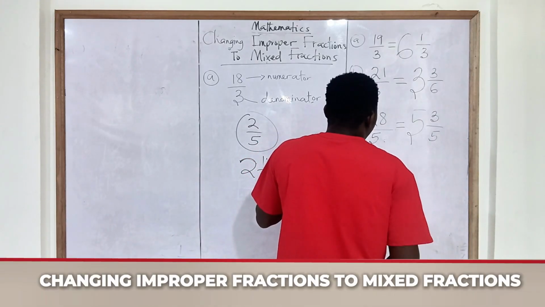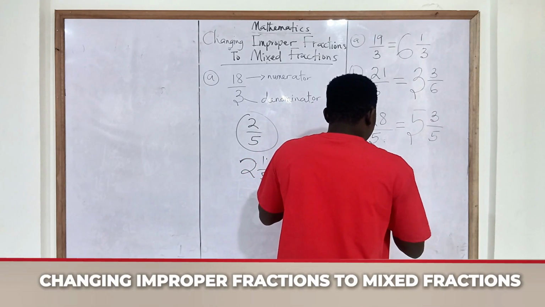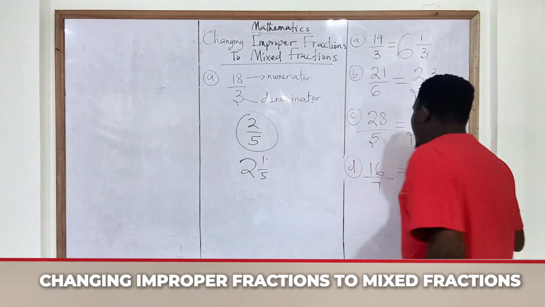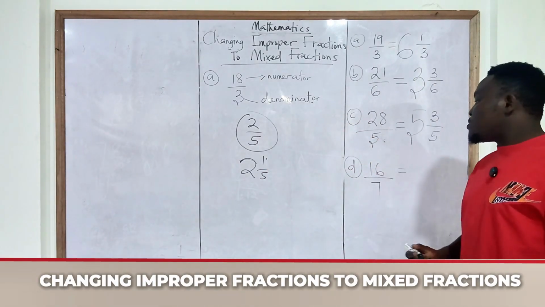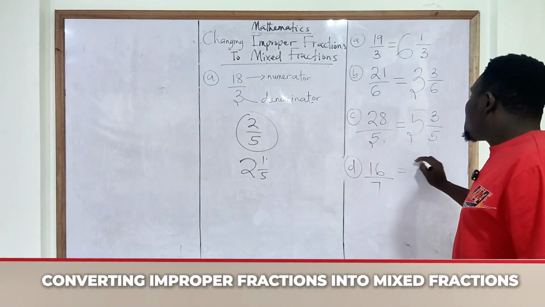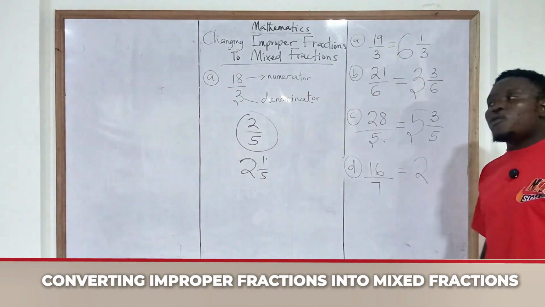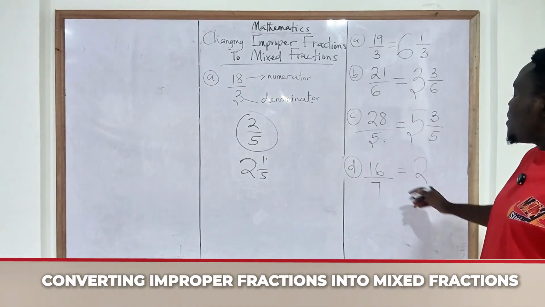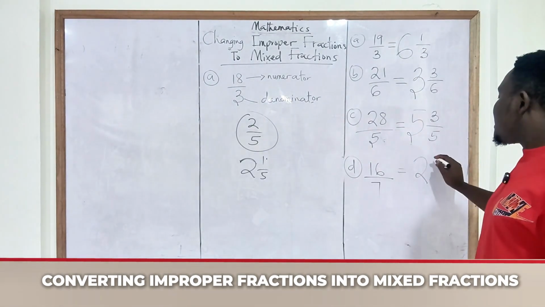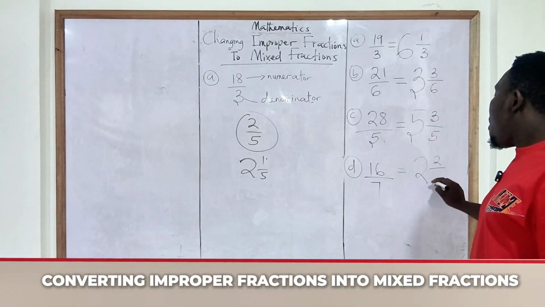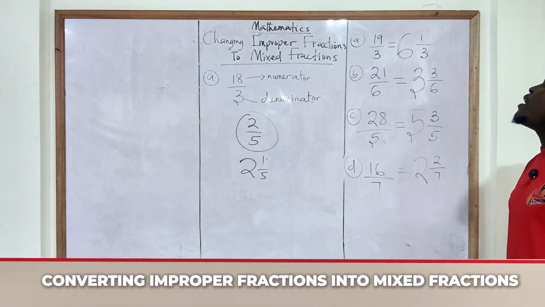16 over 7. Let's check how many times 7 divides our 16. It divides 2 times. So 7 times 2 gives us 14. 14 subtracted from 16 gives us a remainder of 2 over our denominator.